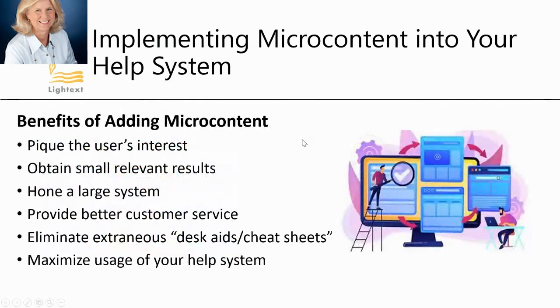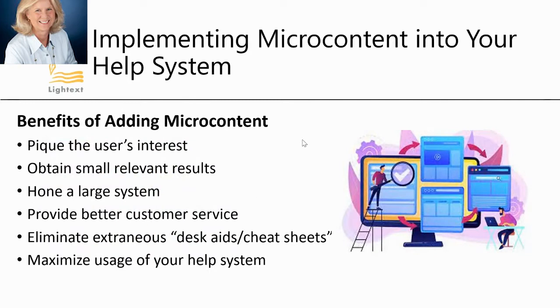So what are some of the benefits of adding microcontent to your help system? And there are a lot, in my opinion. I've been implementing microhelp now for about 6 months or so, really getting into it. And I've found that it has a lot of relevance for not only new help systems where you're designing something from scratch and you can really think about how to implement it from the beginning, but it's also really beneficial for organizations that have a lot of legacy RoboHelp content.